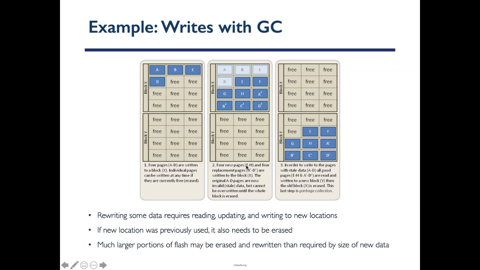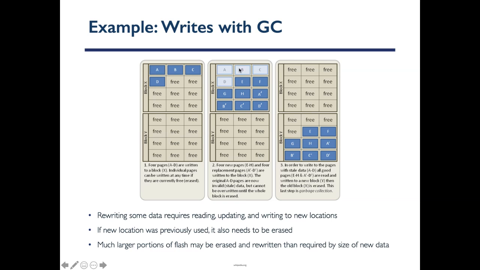Let's say in the next IO operations, you want to rewrite all 4 of them. So now you have A prime, B prime, C prime, and D prime. And you also have 4 new pages to write, E, F, G, and H. What happens is that your controller will mark these ones as old or not used anymore.